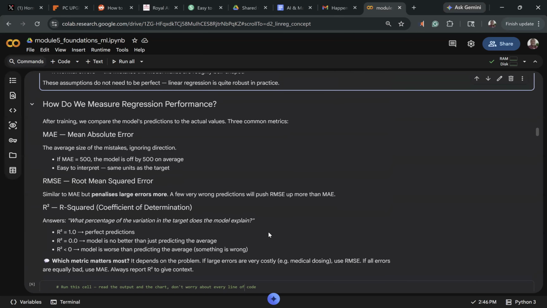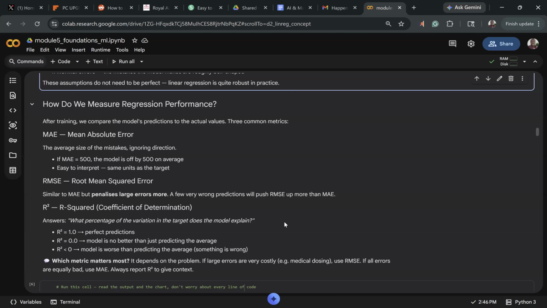So which metric matters the most? It depends on the problem. Like I said earlier, if large errors are very costly and you want to magnify large errors, use root mean squared error, such as in medical dosing, where you want to reduce large errors.